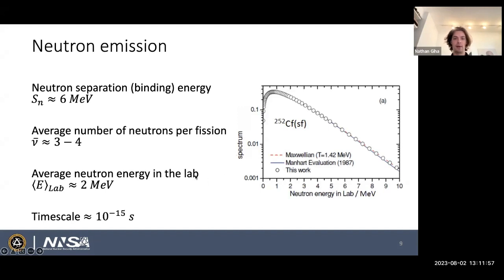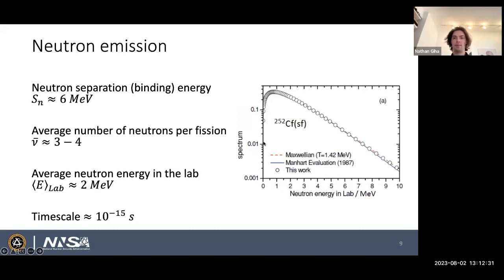But for most typical applications like uranium fission, it's around 2 MeV. And this is a pretty fast process. The neutron emission is governed by the strong force, which, if you know anything about the 4 fundamental forces, you know it is, well, the strongest. And therefore, the time scales on which things governed by the strong force operate is pretty short. So this is about 10 to the minus 15 seconds here.